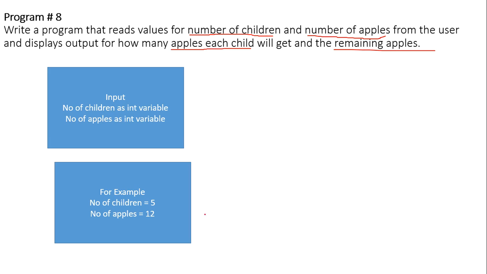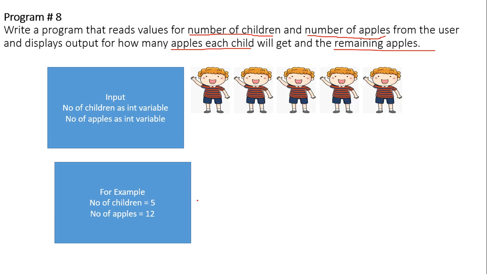Now going towards the logic of the program, we have 5 children, 1, 2, 3, 4 and 5, and we have 12 apples. These numbers, 5 and 12, the user will enter at runtime, so we have to use input statements for this purpose.